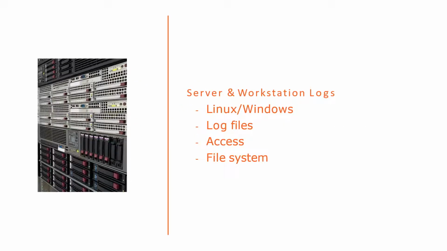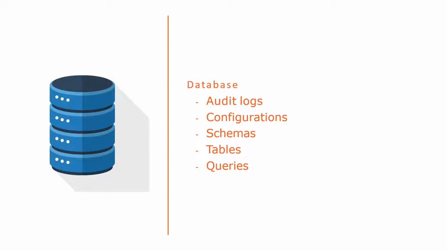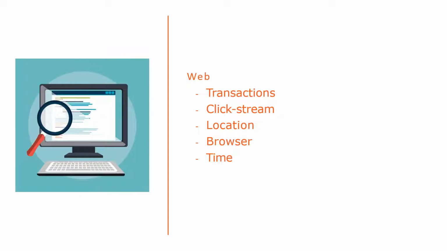So what logs am I talking about? I'm talking about server logs and workstation logs, logs from Linux and Windows machines, access log files, file system log files. I'm talking about network-related logs like firewall logs, warning logs, alert logs, IP address logs. In terms of databases, audit logs, configuration logs, schema logs, table logs, query logs. Also web transaction logs, clickstream logs, location logs, browser logs.